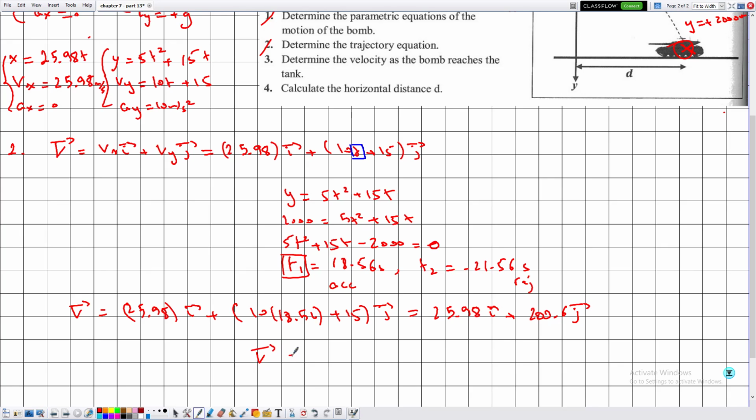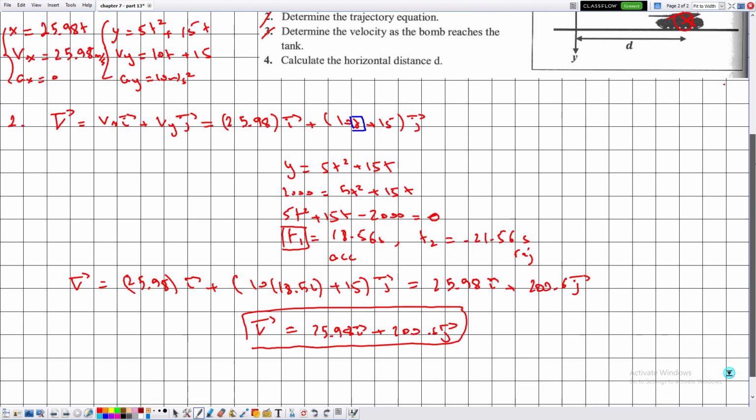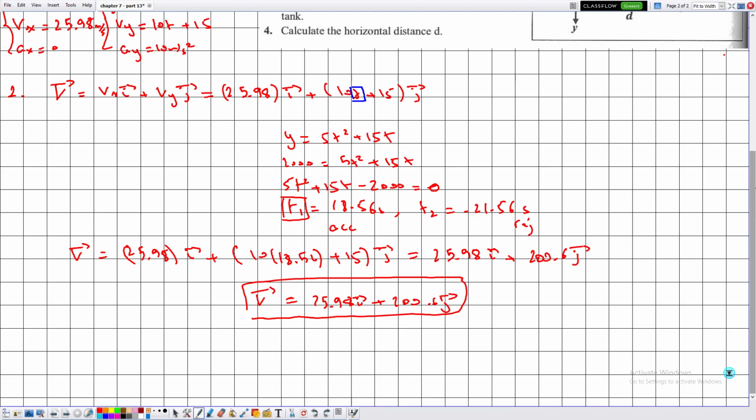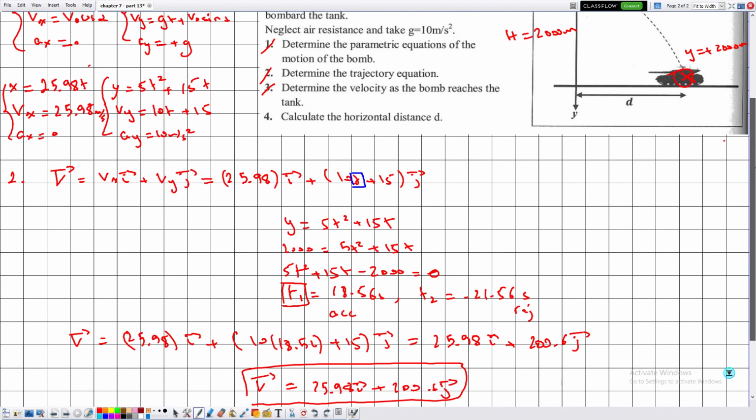Then this is the velocity vector at the instant corresponding to that event. Done with number 3. Now in part 4 they are telling me to calculate the horizontal distance d. This is which part? Part 3, sorry.